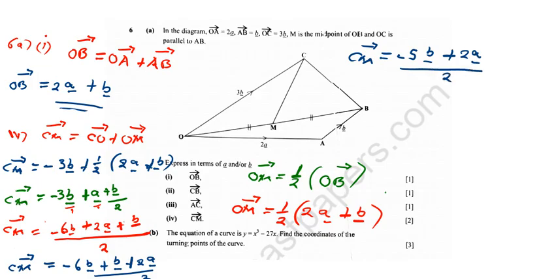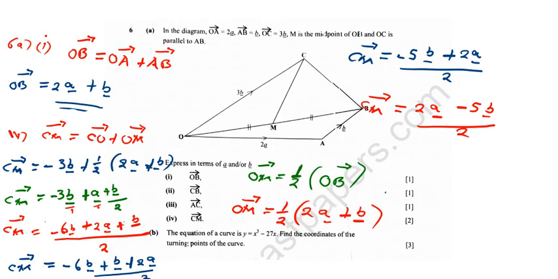So like I said earlier, when you're writing vectors, we always start with a positive. So let's start with a positive. We get CM vector is equal to, start with a positive vector, which is 2A minus 5B vector over 2.